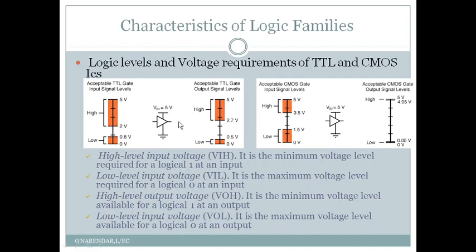Similarly, if the voltage of the output of a TTL gate is anywhere between 2.7 volts and 5 volts, then it is treated as a high signal, logic 1 output. So you can observe that the voltage ranges for logic 0 and logic 1 at the input and output are different.